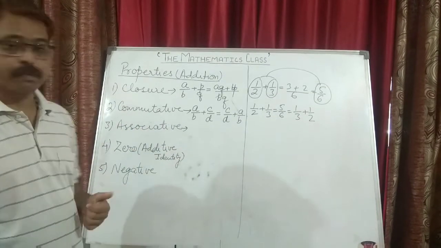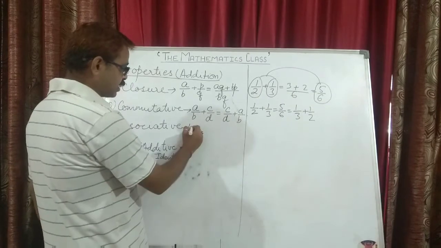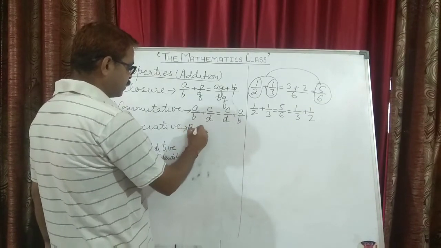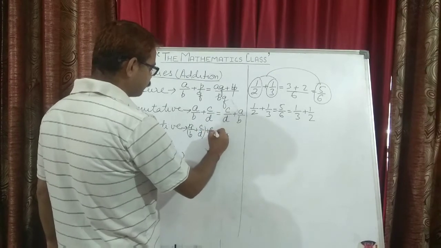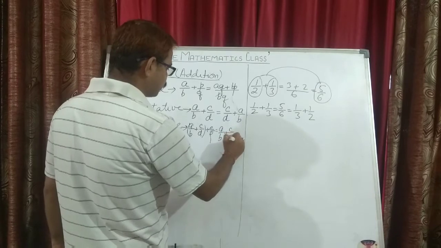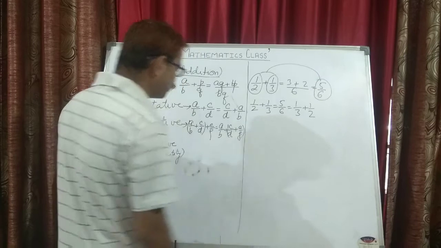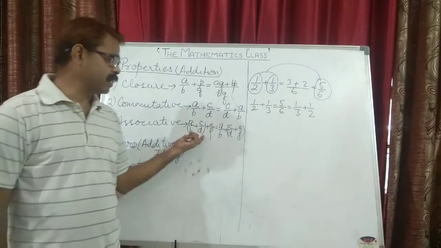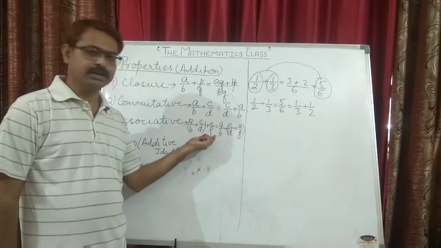Next is associative property. What is the meaning of associative property? I am taking three rational numbers. Let's say A upon B plus C upon D plus E upon F is equal to A upon B plus C upon D plus E upon F. You can see in the first part I have added the first two, and then the final result is added to the third one.